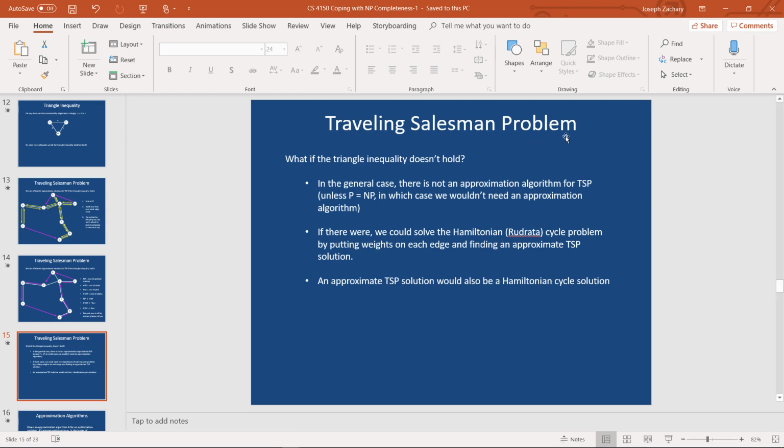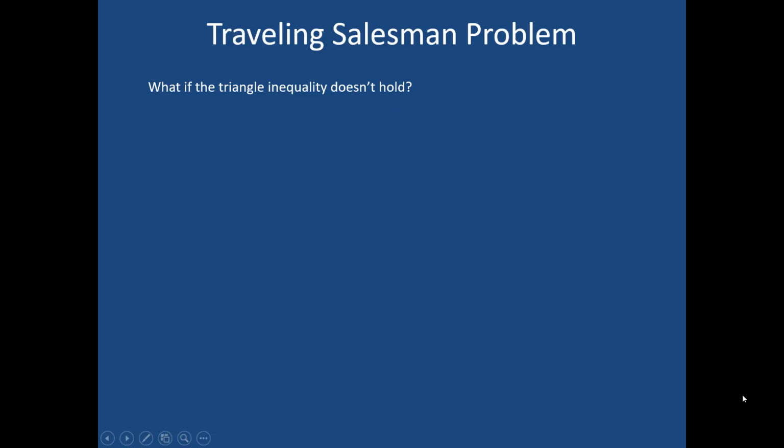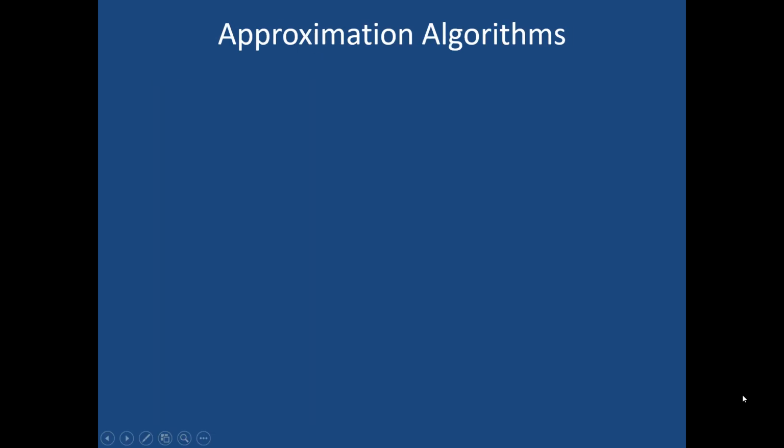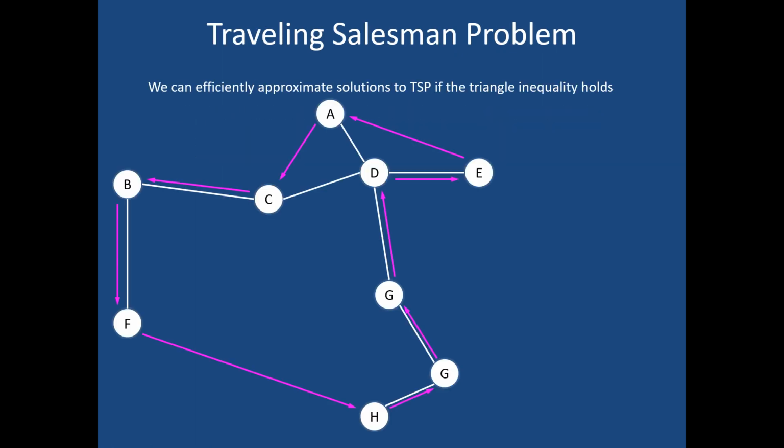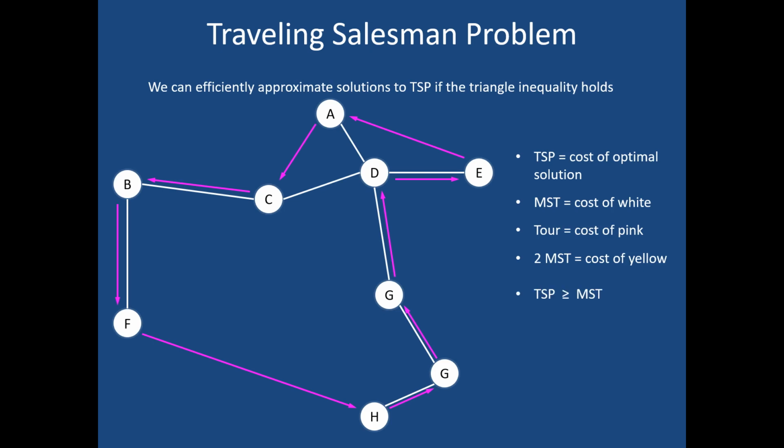So, back to where we were. We got that TSP is greater than or equal to MST. Two MSTs is greater than or equal to the tour. Okay? Why is that? So remember, the tour is these pink or purple edges here.